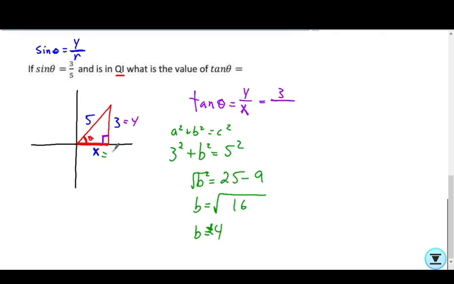So this is positive 4, and that means my tangent is 3/4. The hardest part about these problems is setting up the triangle correctly. Pythagorean theorem, easy. Knowing the ratios, memorization. The math itself is not difficult. It's the concept and knowing how to set up this triangle.